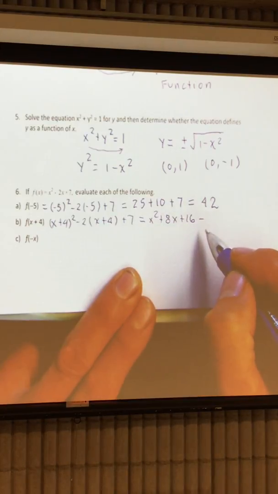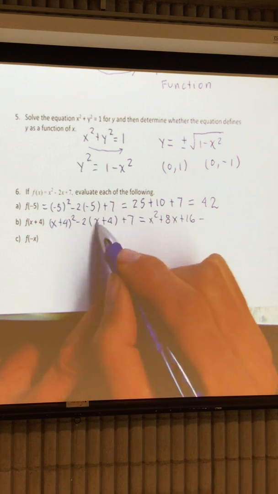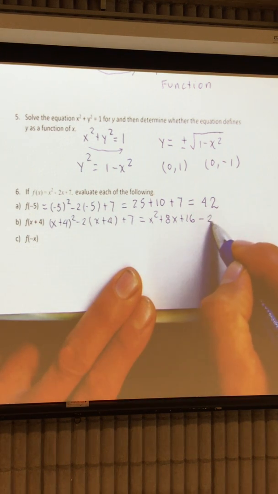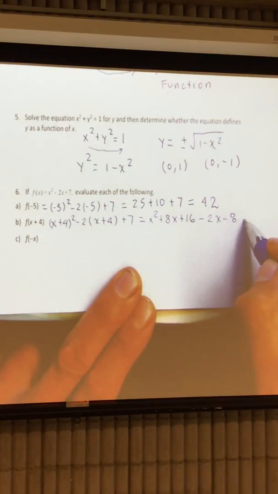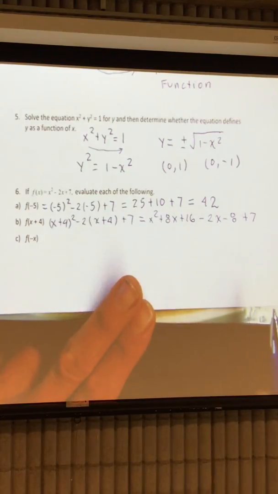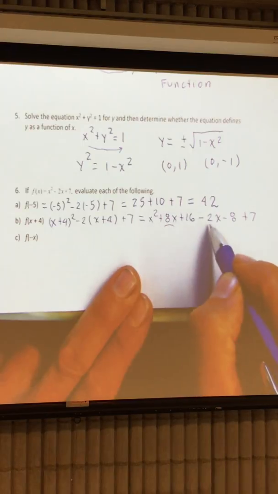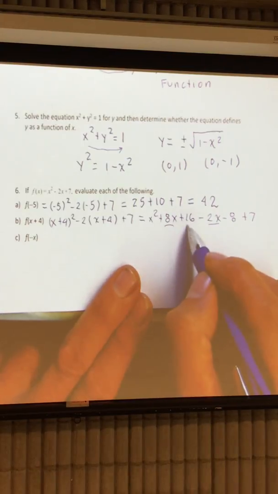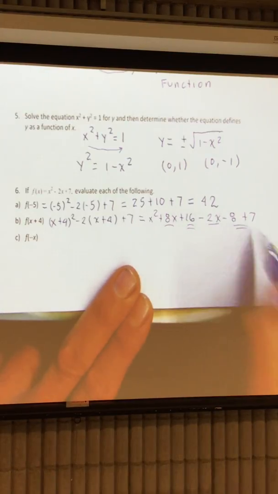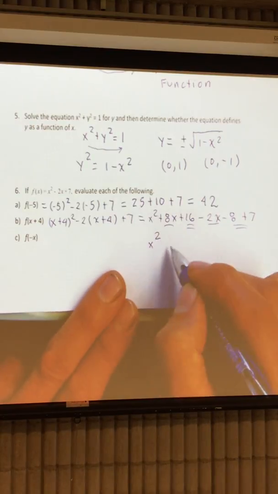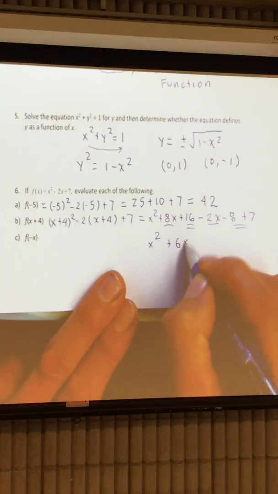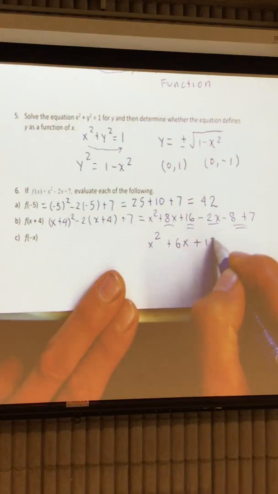Now distribute the negative 2 through the parentheses. Negative 2 times x is negative 2x. Negative 2 times 4 is negative 8, and then add 7. Identify any like terms we have there, and we can write our final result to be x squared plus 6x plus 15.